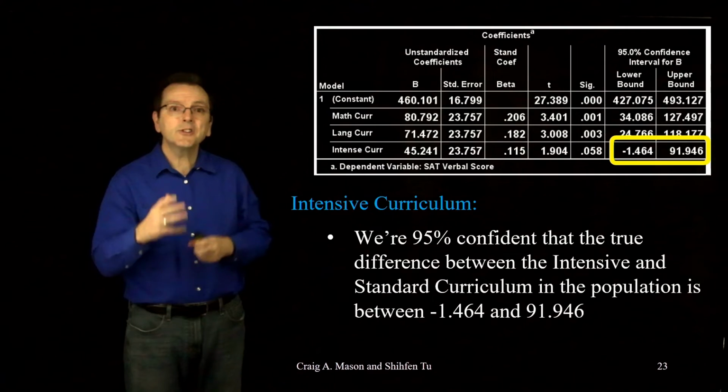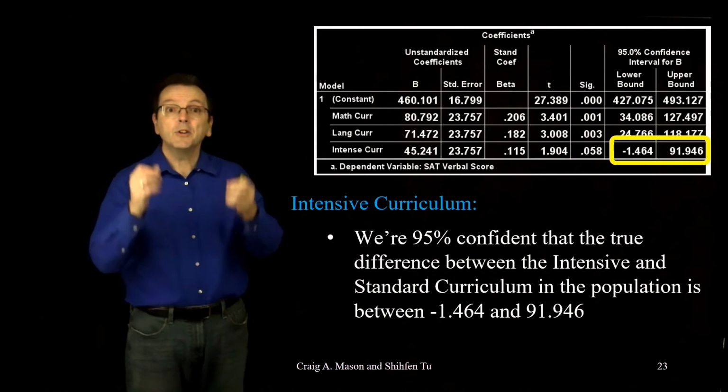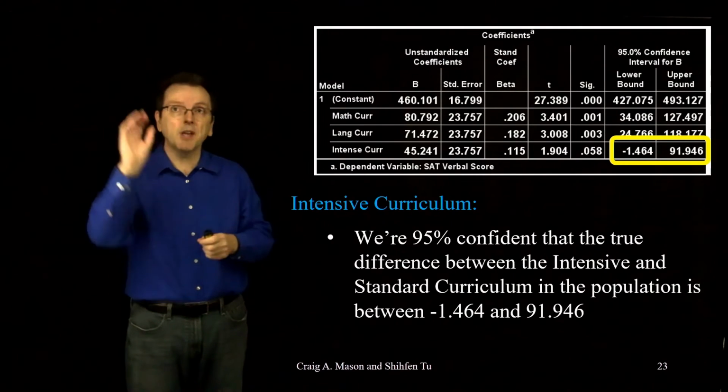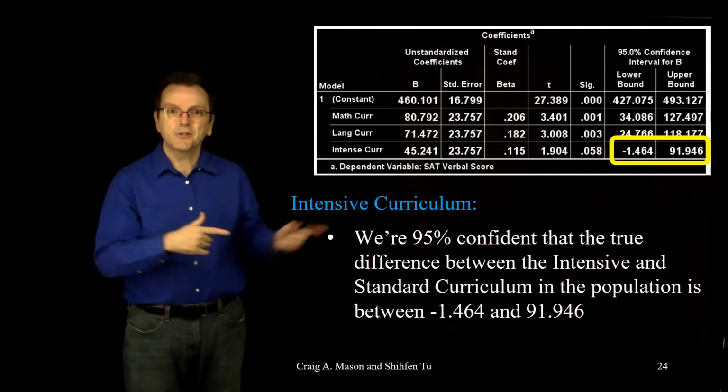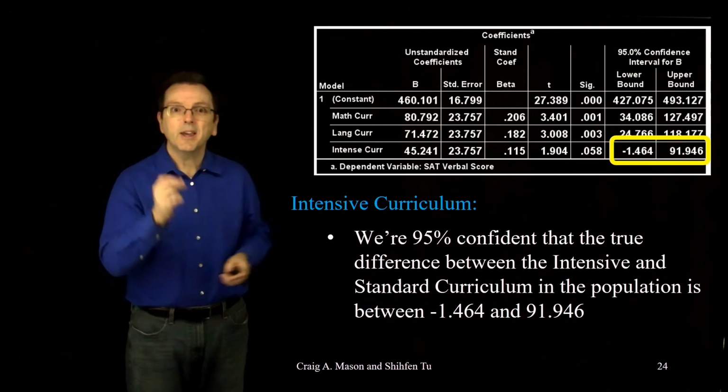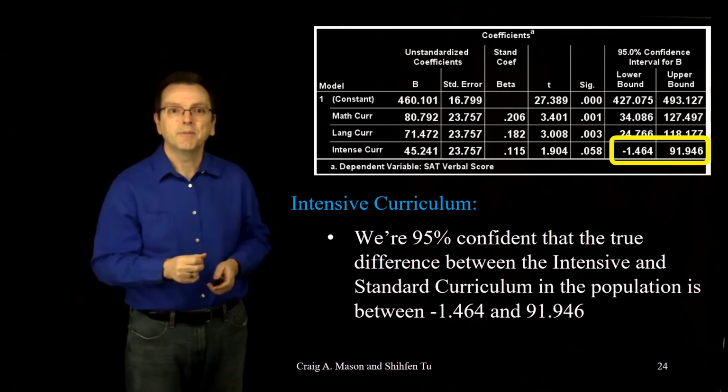This is the range in which we think we would find the true difference between these groups out in the population. And sure enough, notice 0 is in that range.